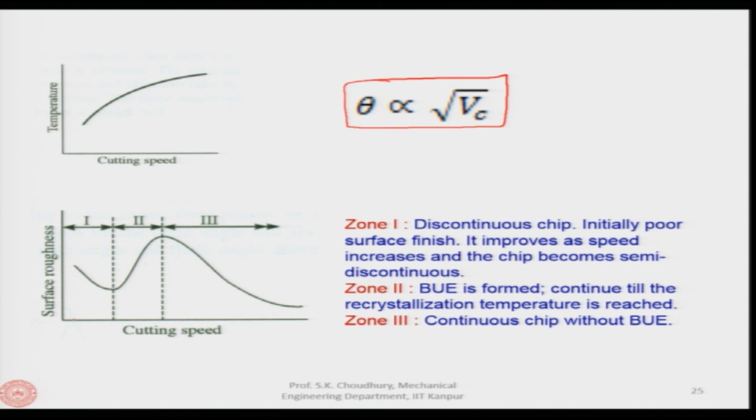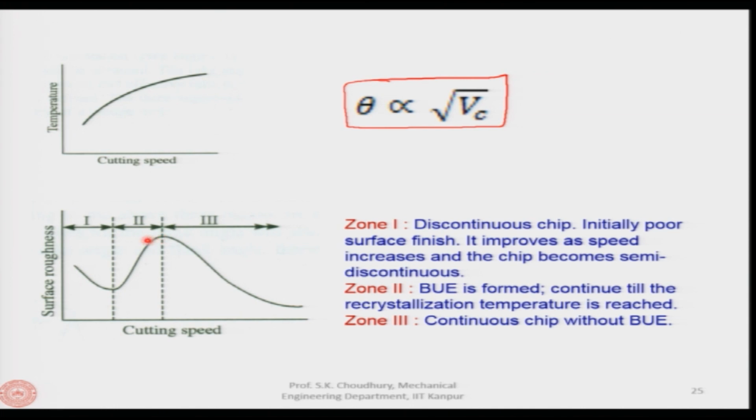As the cutting speed is increased, the discontinuous chip becomes continuous, and the surface finish becomes better, meaning the surface roughness values are reducing. As it comes to this point, with the further increase in the cutting speed, this goes into the zone of built up edge formation, and as the built up edge is formed, the surface finish becomes worse.